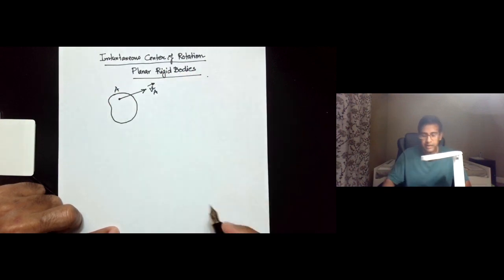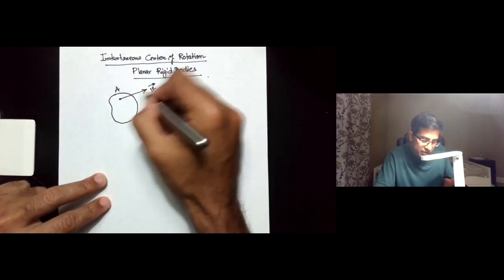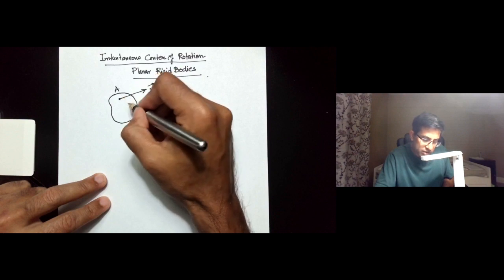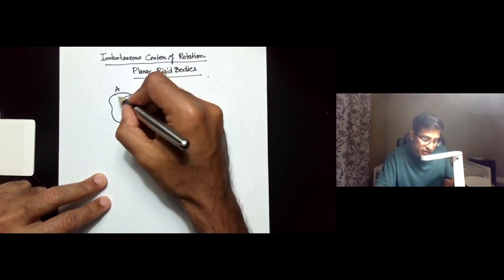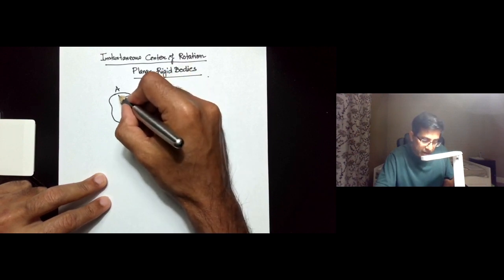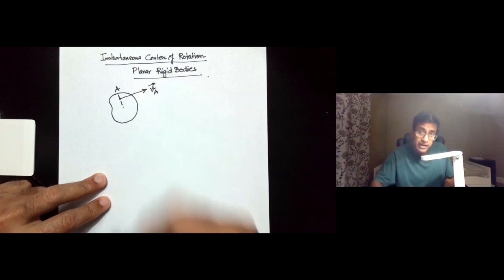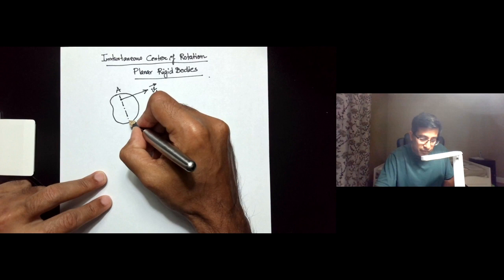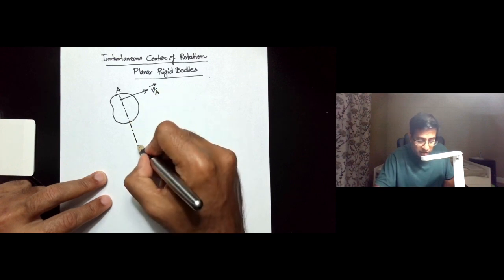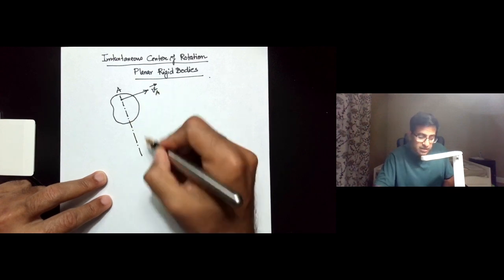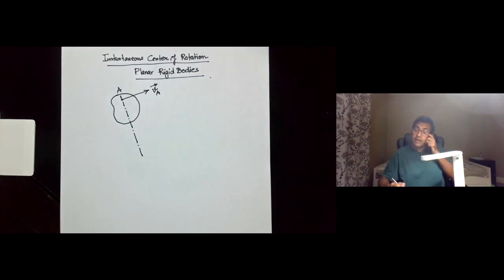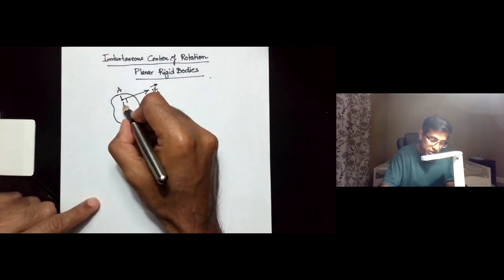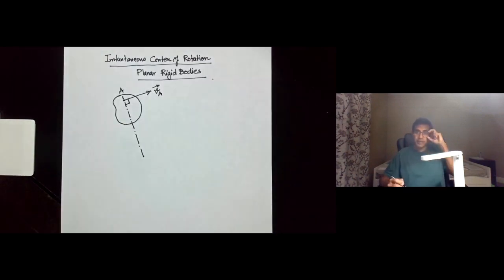Now we know that if the direction of the velocity of a certain point on this rigid body is given, and assuming that the rigid body has a combination of rotation and translation, we can say that the instantaneous center is going to lie somewhere on this line which is perpendicular to VA, right?